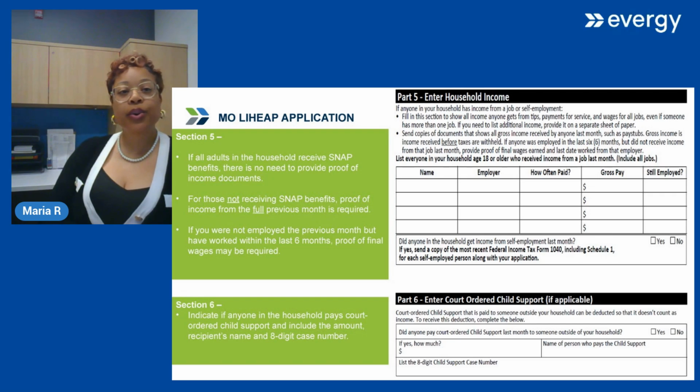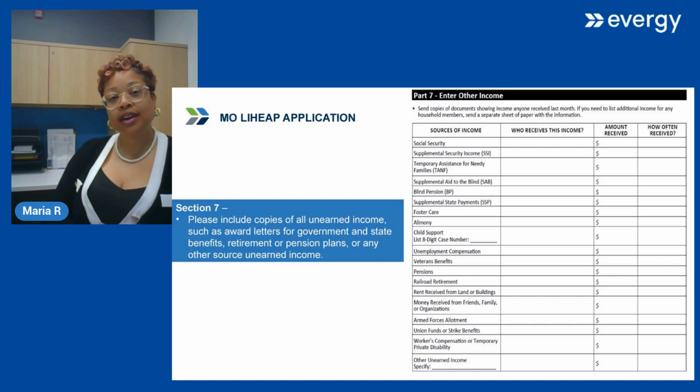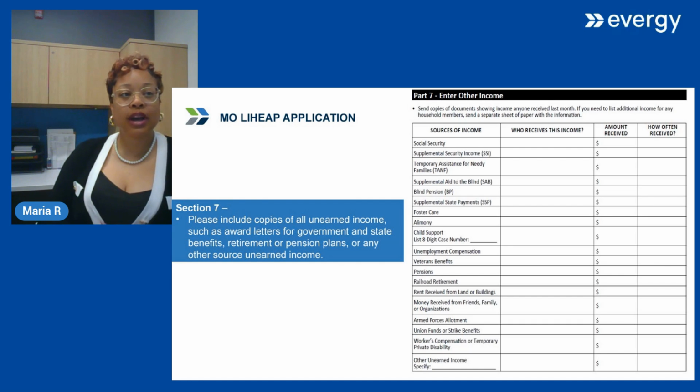Section 6, Court-ordered child support. Indicate if anyone in the household pays court-ordered child support and be sure to include the amount, recipient's name, and the 8-digit case number. Section 7, Other Income. Please provide copies of all unearned income received, such as award letters, government or state benefits, retirement or pension plans, and any other source of unearned income.